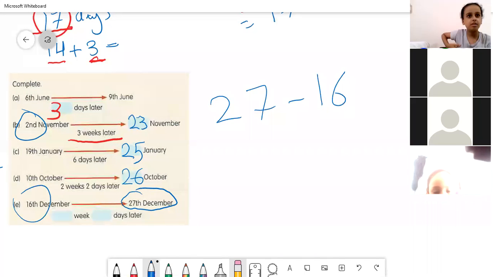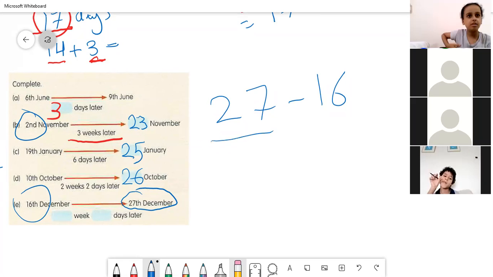Because the date is 16th and the date we want to count the days to is the 27th of this December, right? So 27 minus 16 will give us the number of the days. From here, we can find the number of days from the 16th of December until the 27th of December. So it is going to be 11, right?